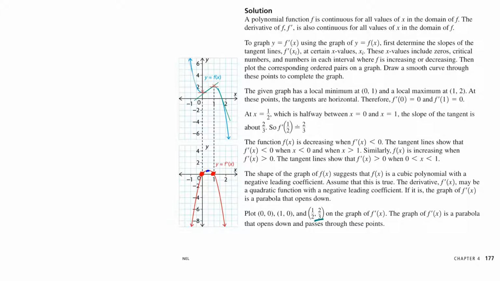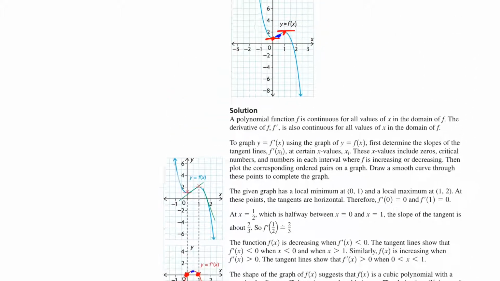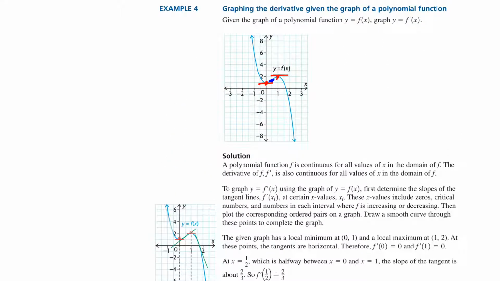To understand this better, we need to know the meaning of point of inflection, and we talk about that later. But here we can say the rate of change of derivative before 1 over 2 is positive. That means derivative is increasing, and after 1 over 2 it is decreasing.